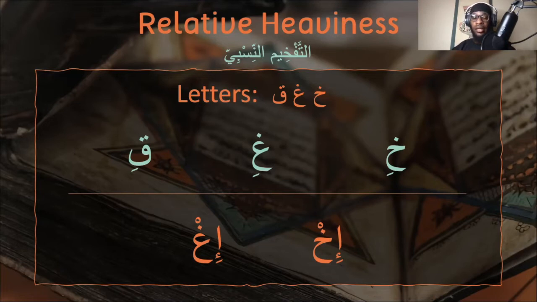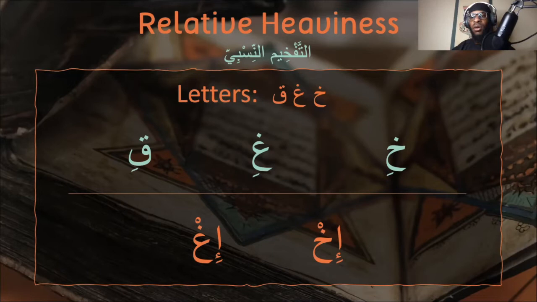All right. And so when they have kasra, kha becomes khi, right? It's not hui, but it's khi, all right? Ghain is similar.